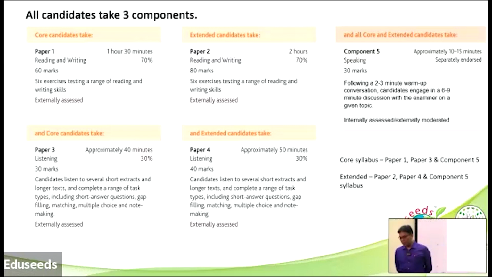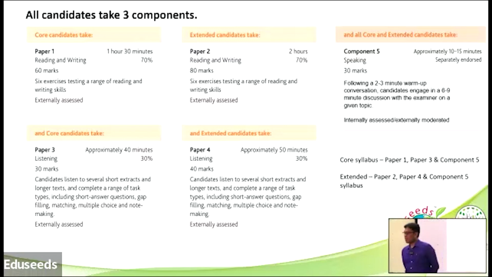For your paper 4, you have to listen to short extracts and longer texts, and complete a range of task types, including short answer questions, gap filling, MCQs, and note making. And then component 5 is your speaking.